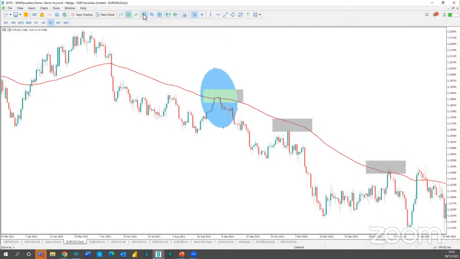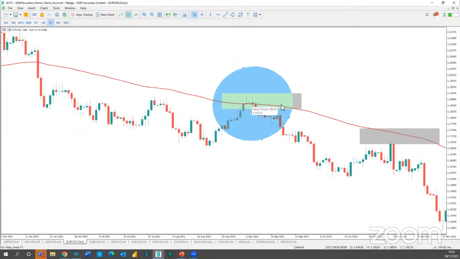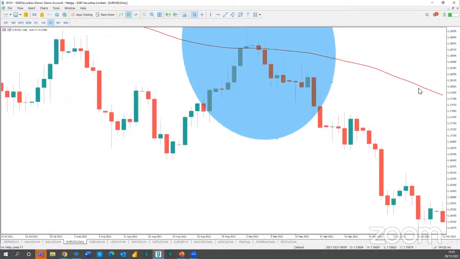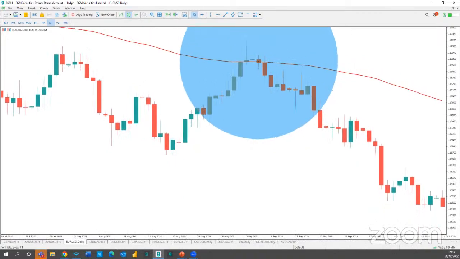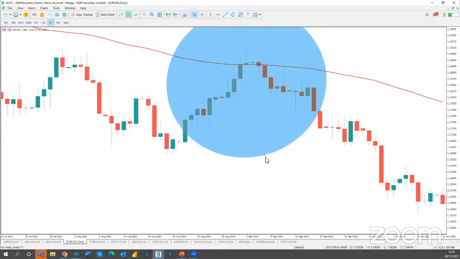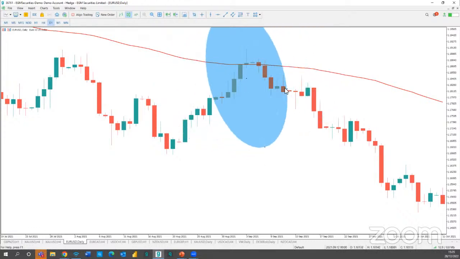I want us to look at this point here. You realize at this touch point, let me remove this box so you can have it clear. At this point, I need you to note the rules that we said. So that is the trend. The price has come and tested this area, but look at the type of candlestick that is forming there.